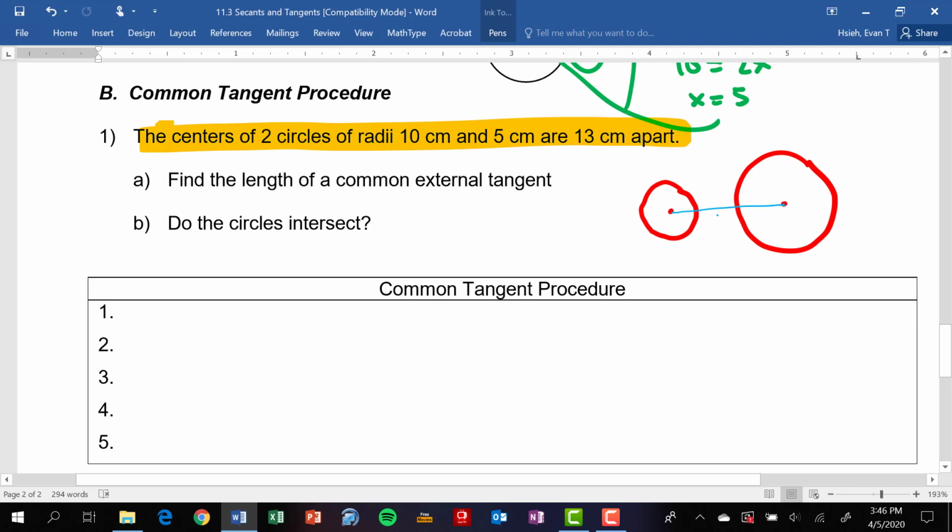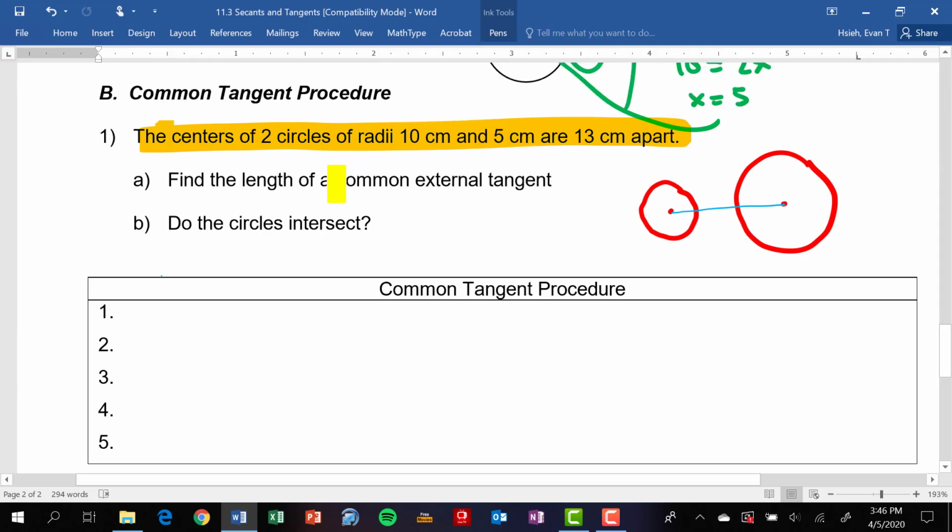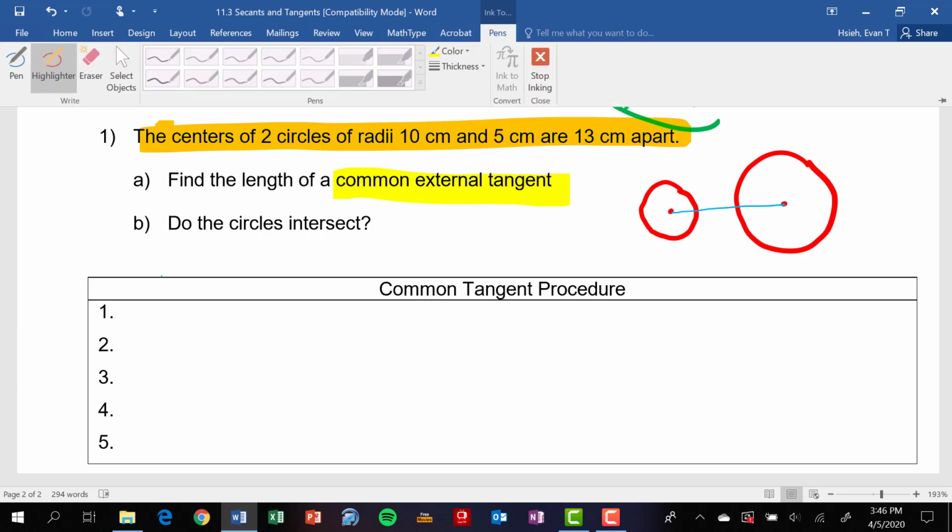So the first step in my procedure is I'm not going to actually write out the procedure, but I'm going to say it out loud. Step 1 is to draw a segment joining the centers. Yeah, there's my segment joining the centers. Second step is I'm going to draw radii. Oh, actually, sorry about this, I'm trying to find the length of a common external tangent.